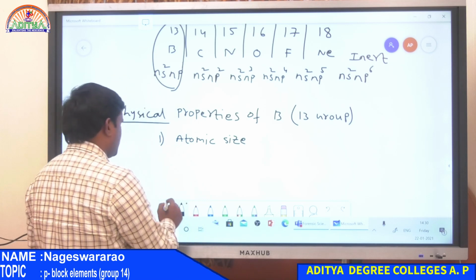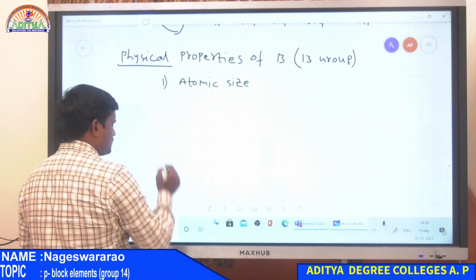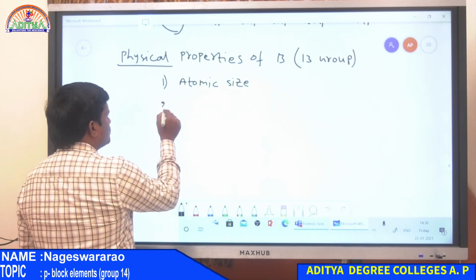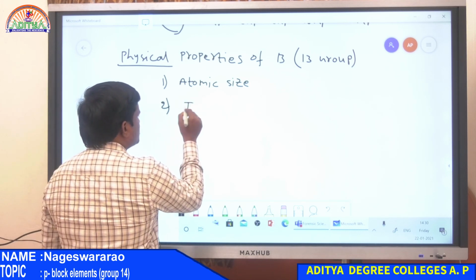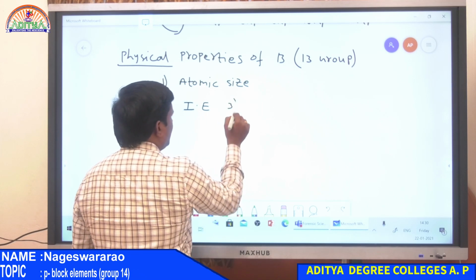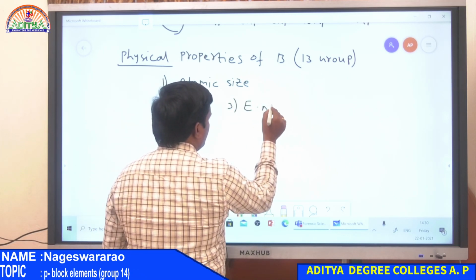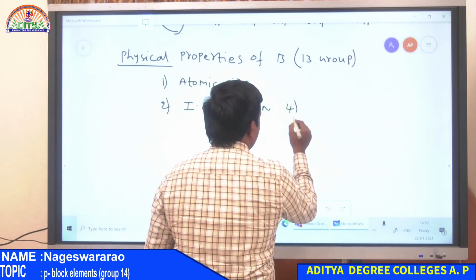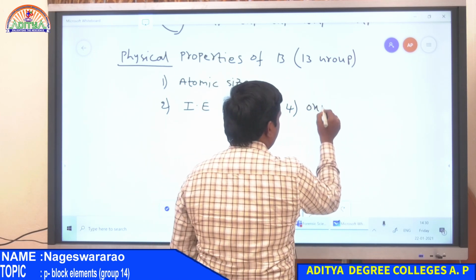The second is ionization energy. The third is electronegativity.